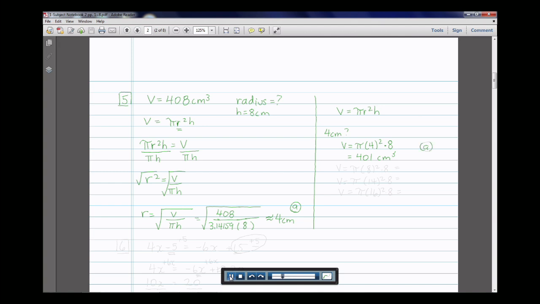If you did try the others, you'd do V equals pi 8 squared times 8, and V equals pi 14 squared times 8, and V equals pi 16 squared times 8. And you'd work those out, and you would find that none of those are the right answer, that the right answer is A.